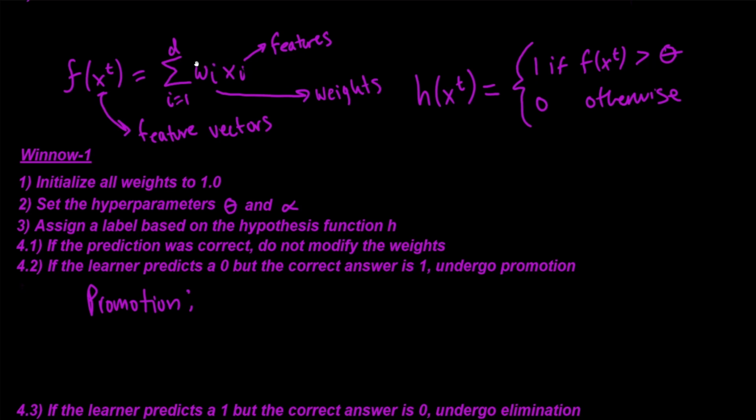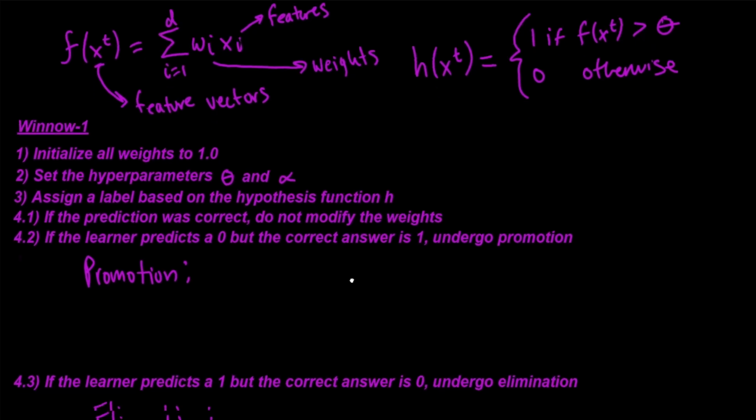And again, how f works is it is basically taking the product of weights and features, so weight feature pairs, and then it's summing those all up. So if that sum is greater than theta, it assigns a label of 1, and if it's less than or equal to theta, it assigns a 0. So step 3 is basically just actually making a decision on which label we're assigning to our Boolean vector.